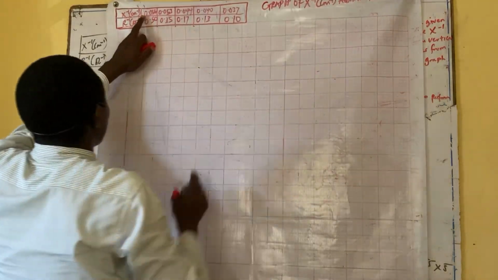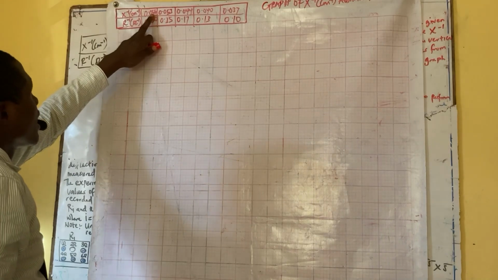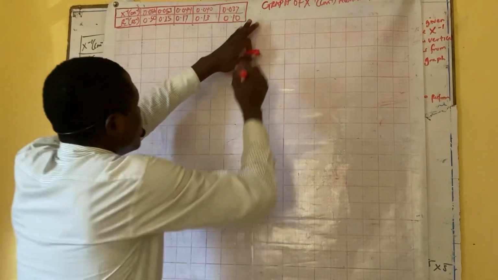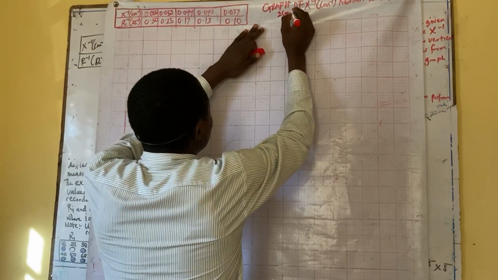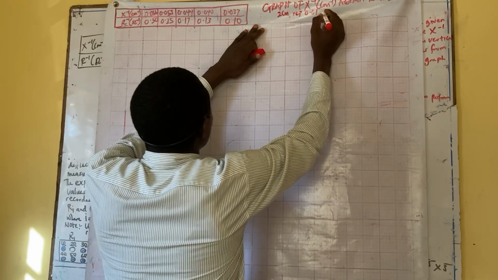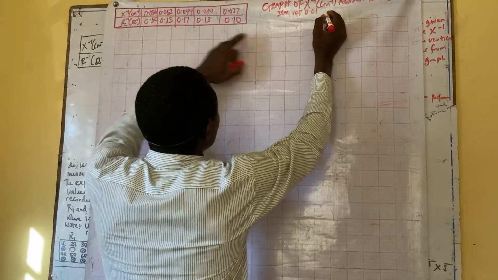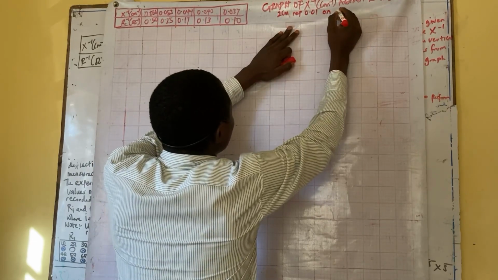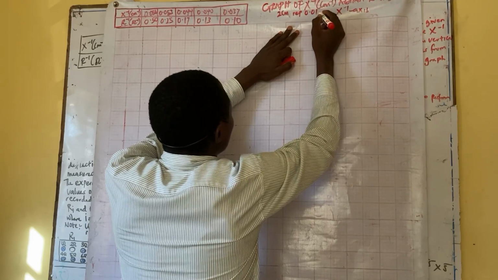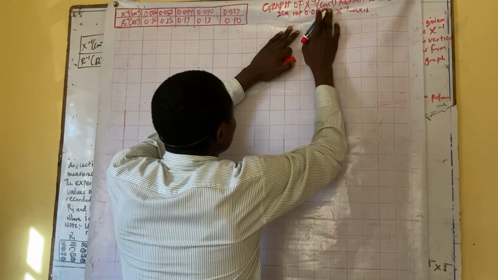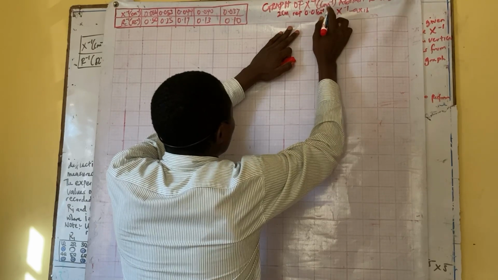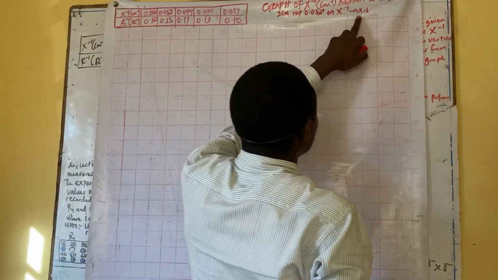Looking at it, the highest is 0.056, so I can easily use 2 centimeters to represent 0.01 per centimeter on the S inverse axis.